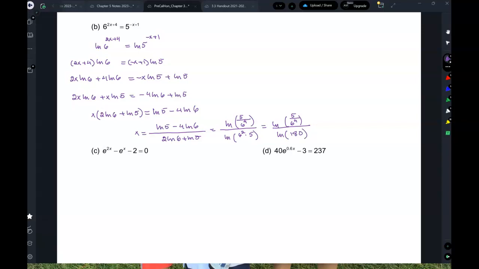Okay. Now, one other thing. You see how here I brought all the x's to the left side and all the other numbers to the right side? If you do the reverse order, if you bring all the x's to the other side and so on, then each of these will be the negative of itself.